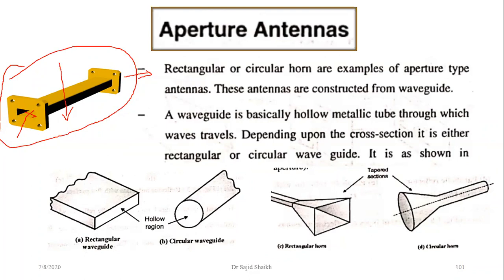When the electromagnetic wave enters here, that wave will travel only in this direction. Whatever electromagnetic wave you feed at this input end, the same wave you will get at the output end. But suppose this waveguide is not there, and this is the source.